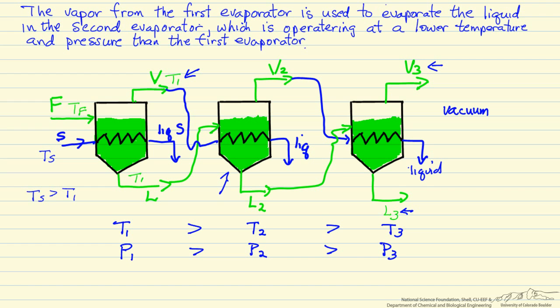As for concentrations, we would feed a low concentration solute. There'd be no solute in the vapor phase. We concentrate that solute, which is then fed to the second effect, becomes more concentrated, and then more concentrated still, since that's the objective of the triple effect evaporators.